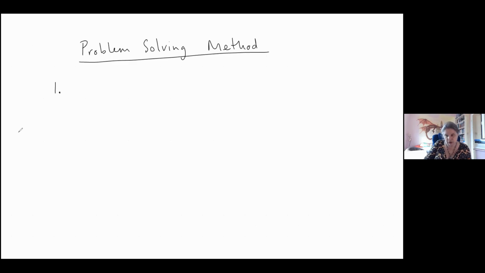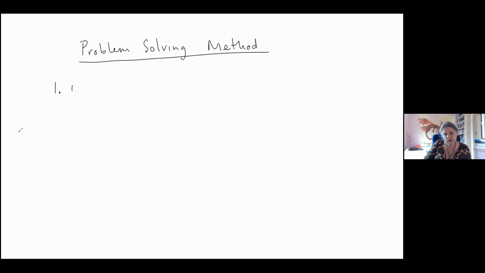Okay, so this is problem solving. And this is a method which hopefully will at least help you, if not absolutely solve every problem for you. So the first thing is you've got to figure out what is it they want you to find.